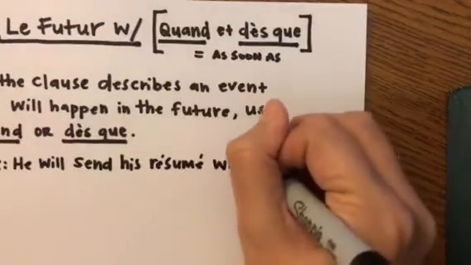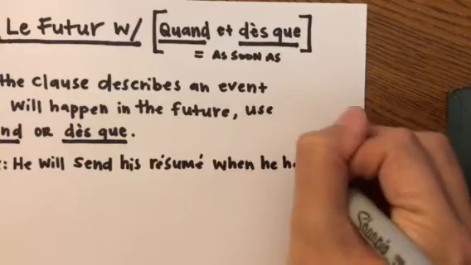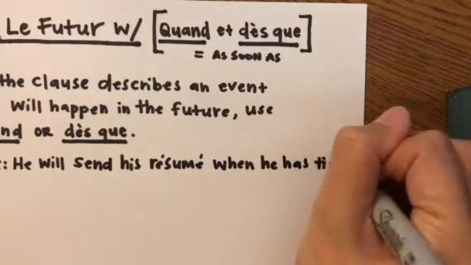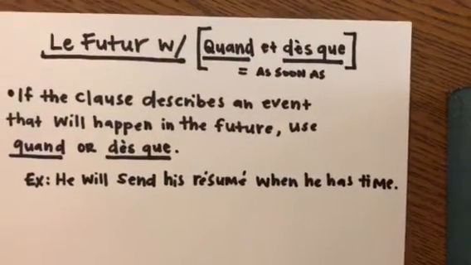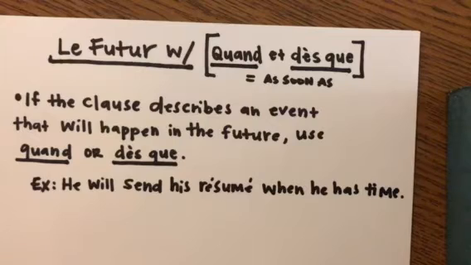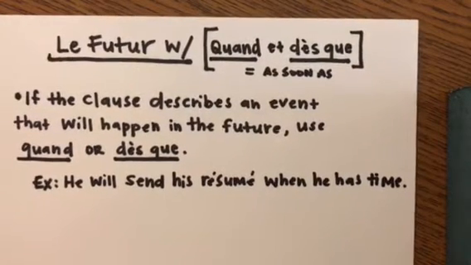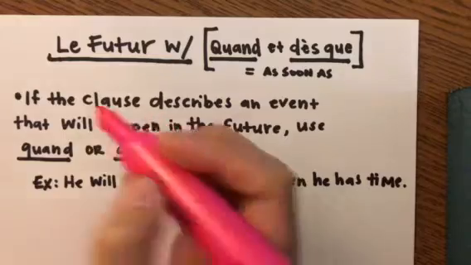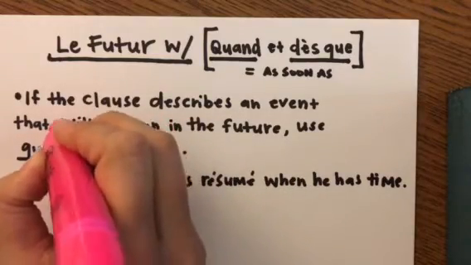Take off my paper here, hold on. Okay. So, first of all, the he will is how we know this is the future tense, right? He will send his resume, this is the future. So let's just look at this really quick. We're describing an event that will happen in the future.